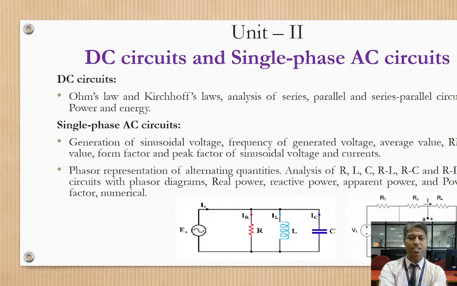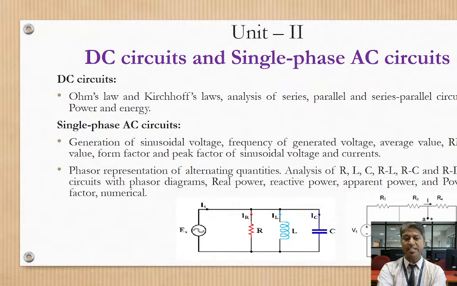Here you will see how the single phase AC is generated, and the associated parameters like frequency, average value, RMS value, form factor, and peak factor of the AC. And then we are also going to see how AC will behave with different passive elements like resistor, inductor, capacitor, and the combinations of resistor-inductor, resistor-capacitor, and resistor-inductor-capacitor.